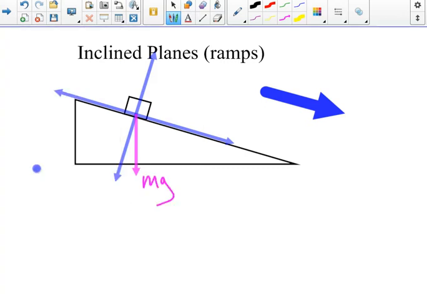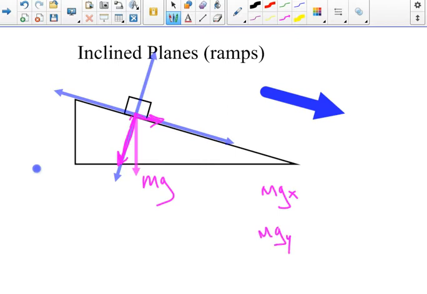So mg turns out to have now an x and a y component. You can see them, right? So for the weight, the x component would be about this big, and the y component would be about that big. It's my y component of the weight and the x component of the weight. So we're actually going to have an mg x, all right, and an mg y.